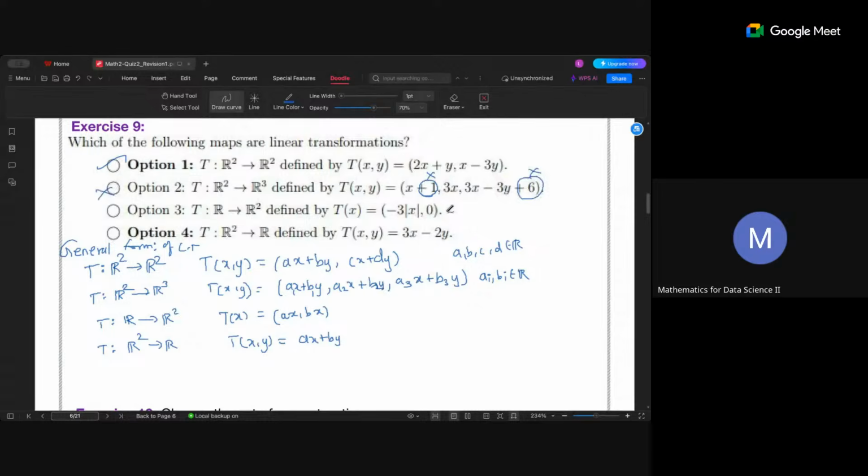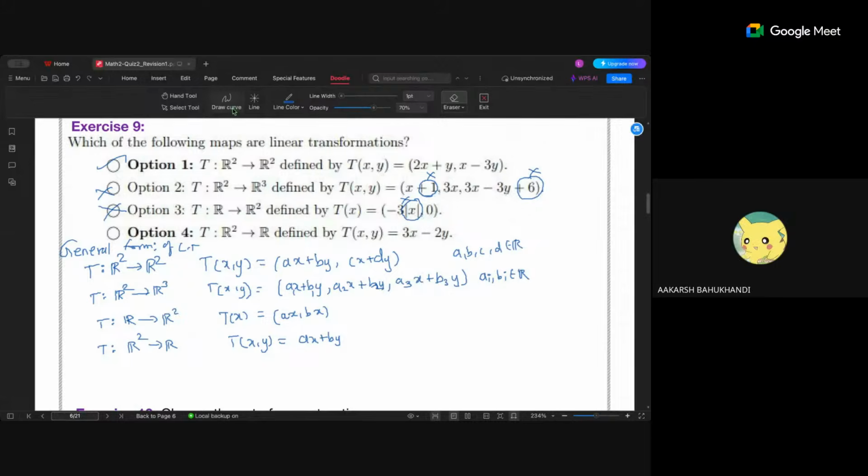What about option 3? No. Ma'am, can you please give explanation about the third option? Here everything is of the form a1x plus b1y, a2x plus b2y. There are no constants separately. Everything is either a coefficient of x or y. It cannot be separately a constant like this. So any transformation from R2 to R3 should be only of this form. It cannot be different from this. Here you have something different from this, so this is not possible.